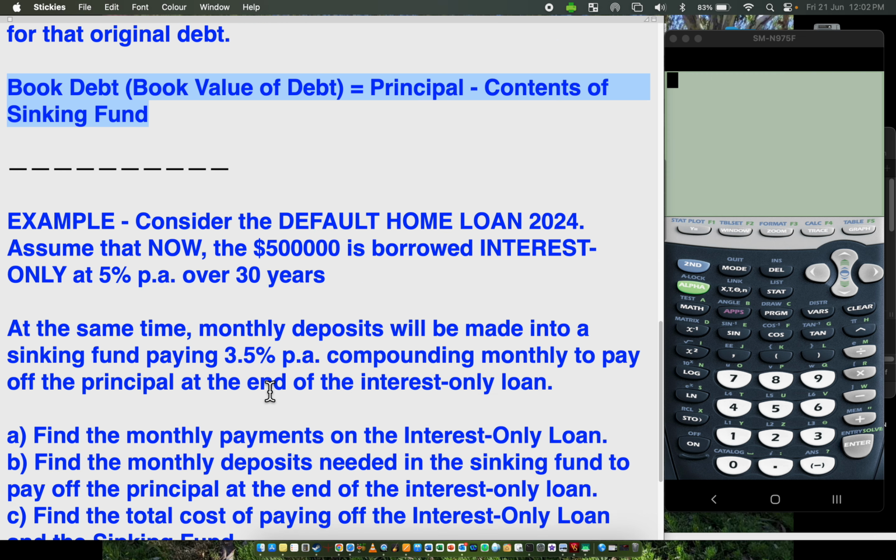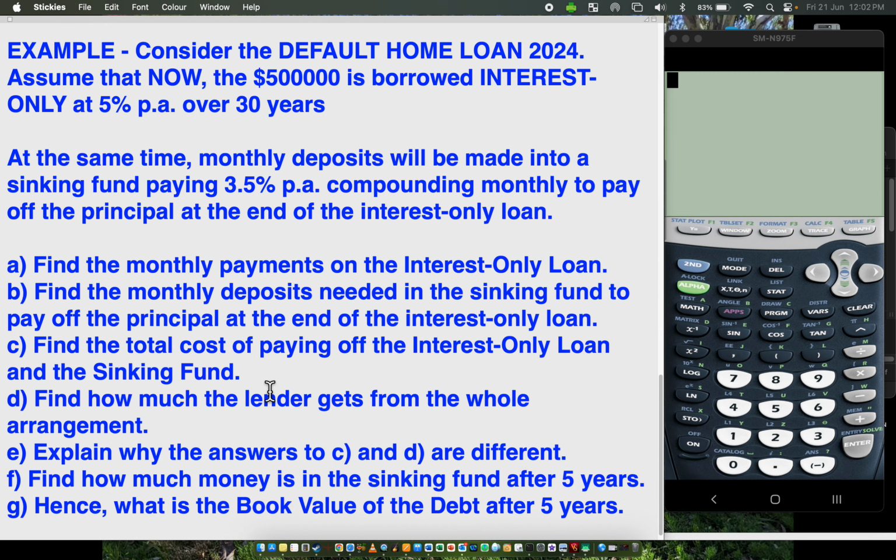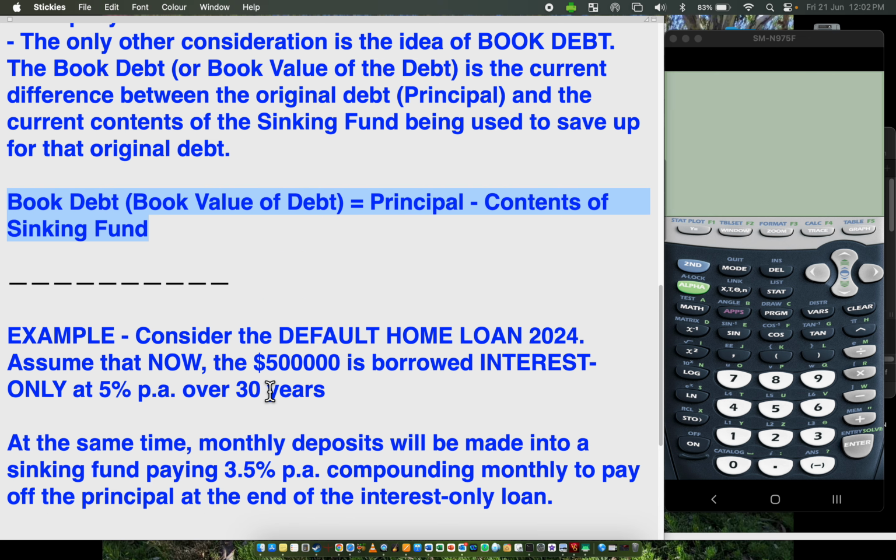Now, I'll let you get the example and the little parts of it.